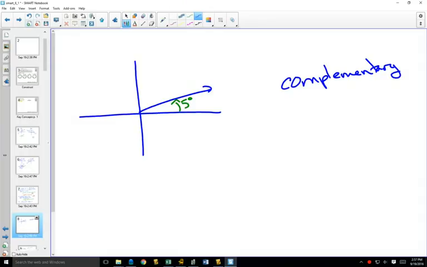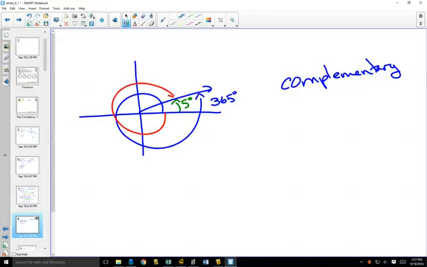The hint for coterminal is in the word itself. An angle that's coterminal with 5 degrees would be 365 degrees, or negative 355 degrees.